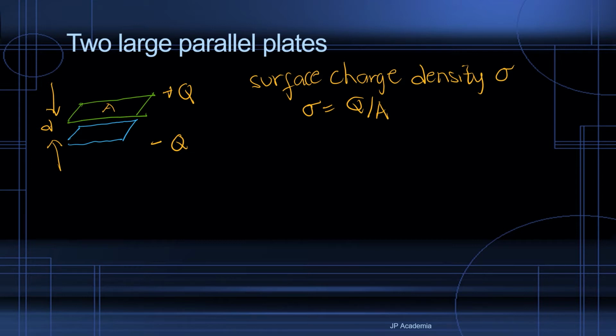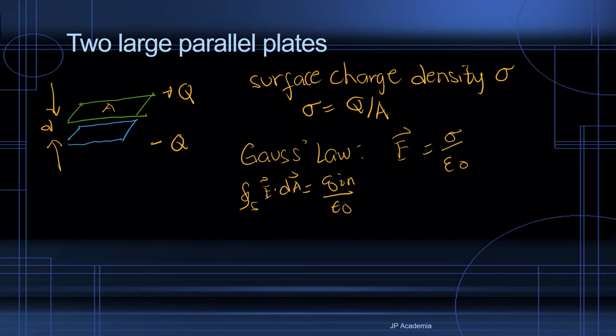The electric field between the plates is equal to sigma over epsilon naught. This is just a result using Gauss's law, which shows the total flux of electric field through a surface is equal to the charge inside that surface over epsilon naught, as shown in this equation.